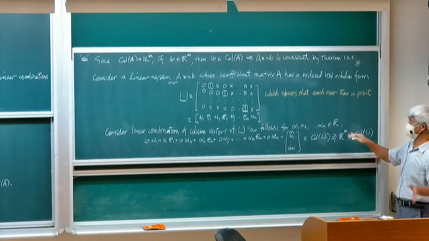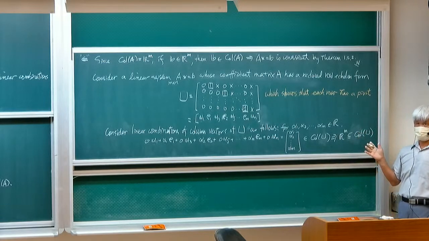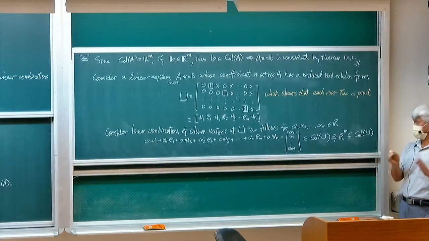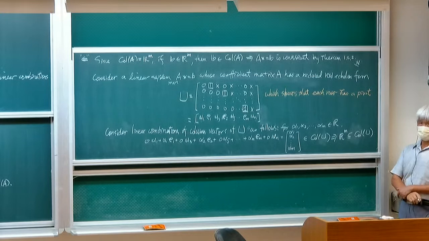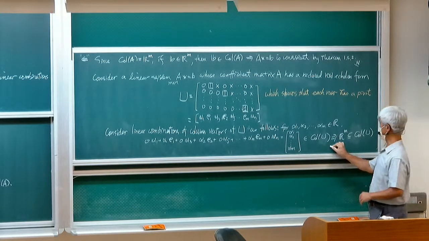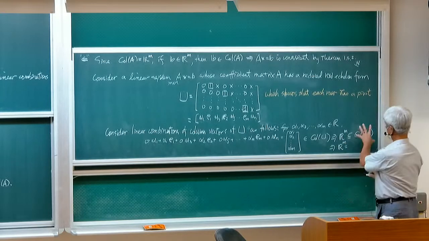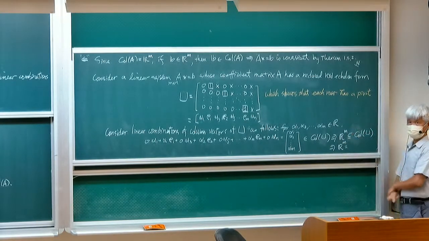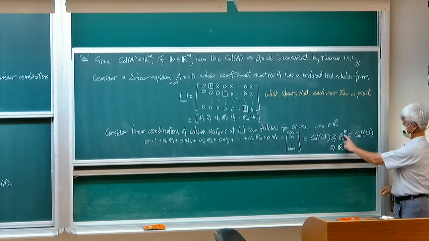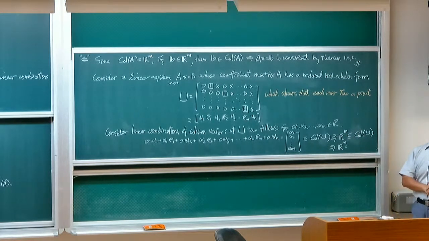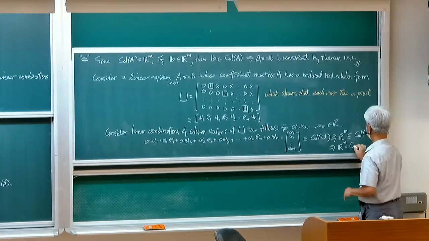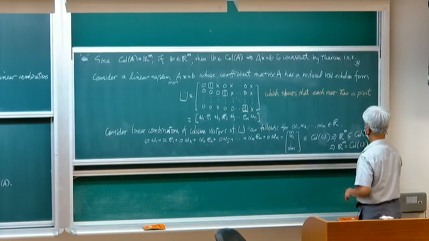So the whole m-dimensional Euclidean space is just a subset of the column space of U. And of course, they must be equal, because the column space of U is a subset of the m-dimensional Euclidean space. Okay?